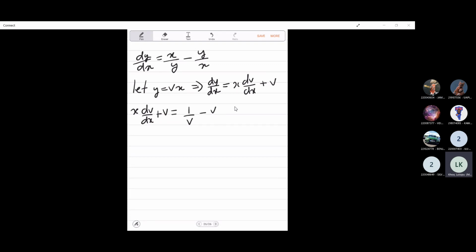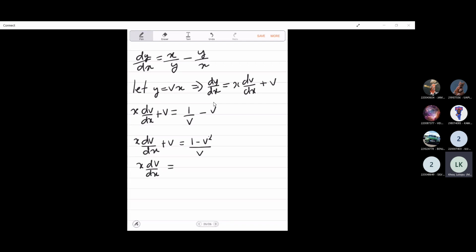Okay, so I can first combine these two. So I have x dv dx plus v. This is 1 minus v squared over v. And then I subtract v on both sides. So I have x dv dx.